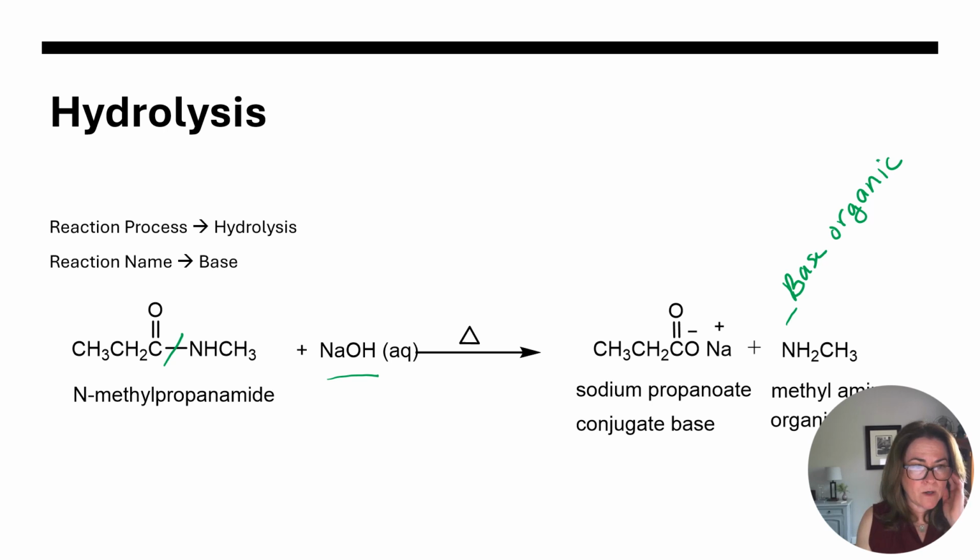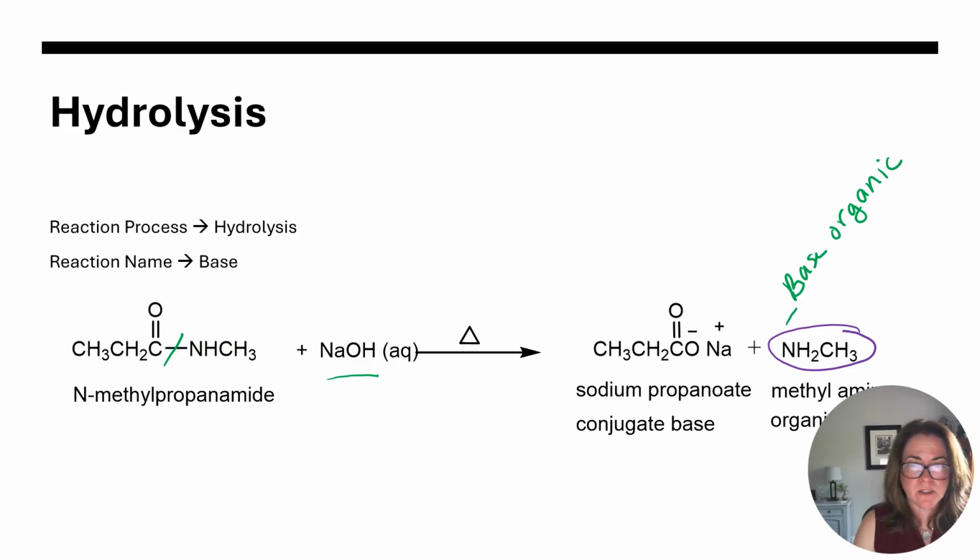So what happens here is that essentially the OH reconnects with the carboxylic acid, but the nitrogen really wants that hydrogen, which is why we end up with a neutral organic base.